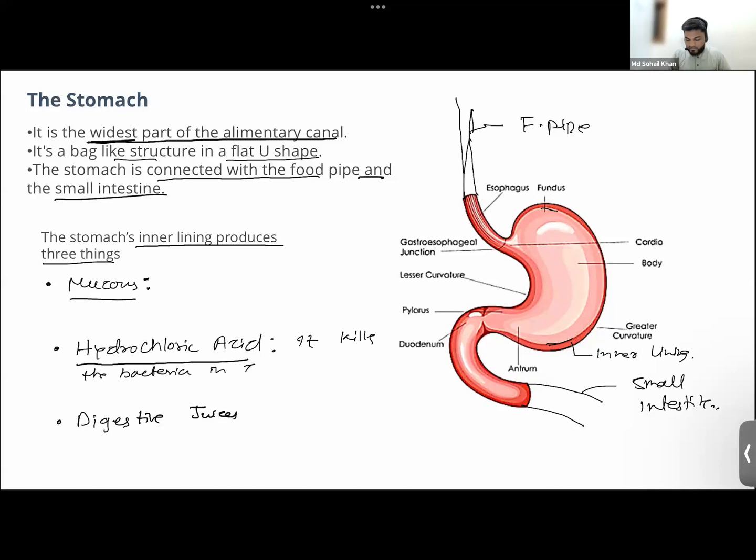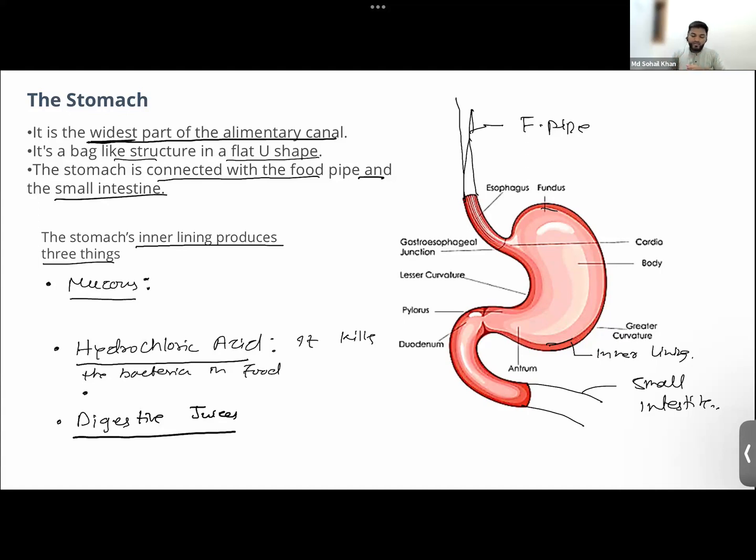Bacteria in food. Now, another type of secretion, we have digestive juices. Look, this hydrochloric acid basically activates the digestive juices, meaning that the food that is coming into our stomach, the inner lining of the stomach releases this hydrochloric acid.